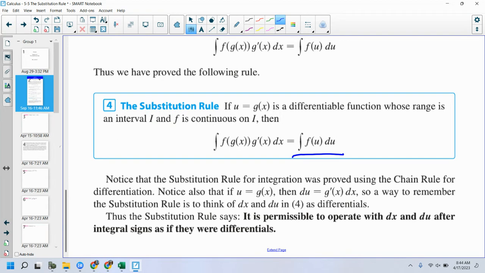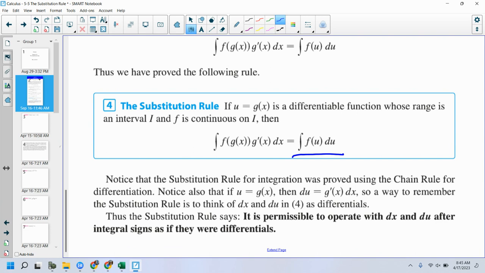Now, what is u again? u is g of x, right? We define u to be g of x. So what we're going to be doing is introducing a new variable. We're calling it u. The AP Calc class learned this as u substitution. We just call it the substitution rule.